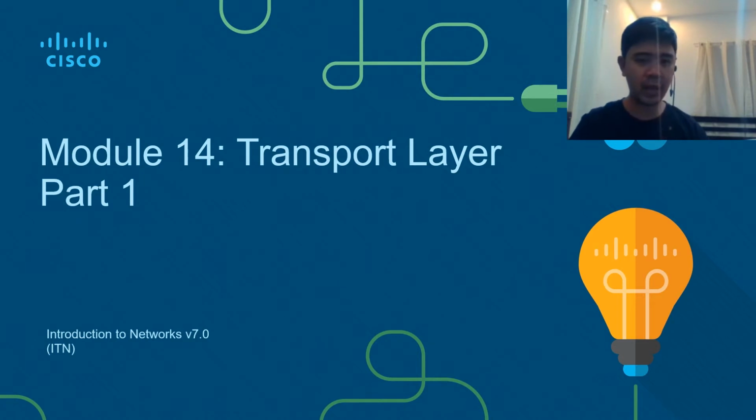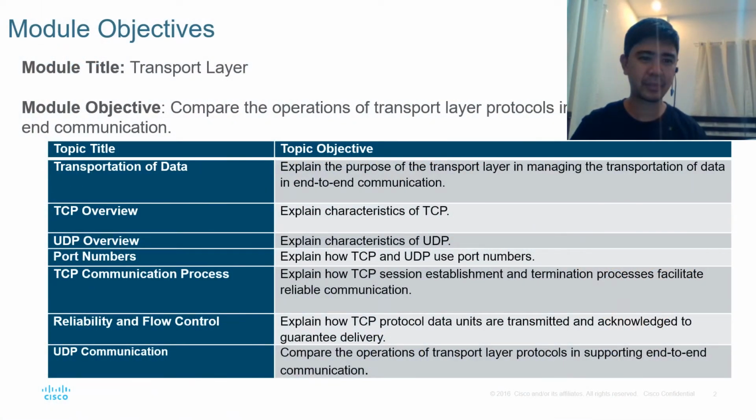So, second to the last module for this course, the transport layer, module 14. This is part 1. In this module, we are to cover two transport layer components, TCP and UDP.